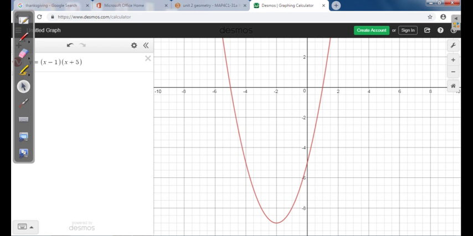What do we know about the quadratic function? What's special about the parabola? We have an axis of symmetry that cuts it in half.